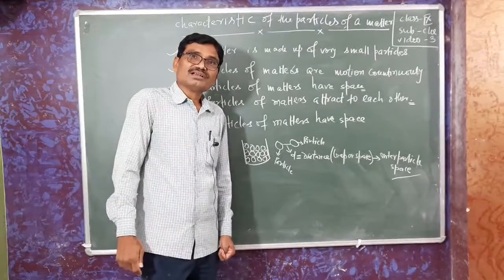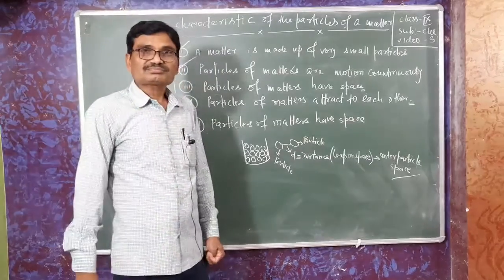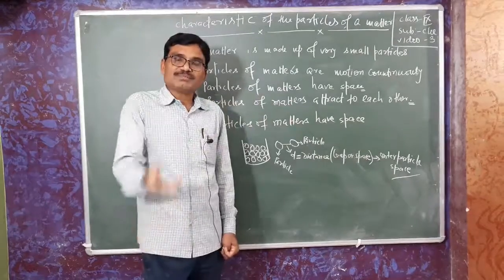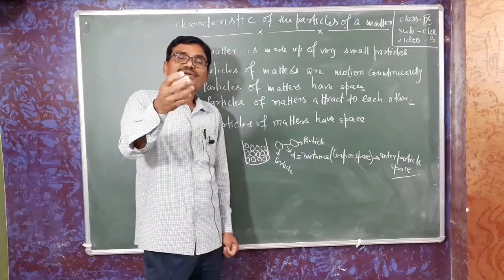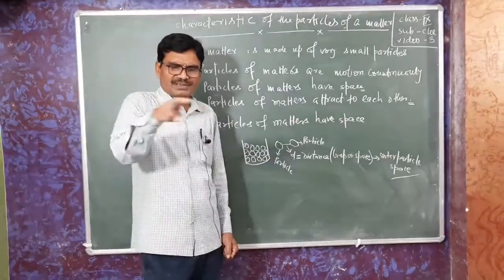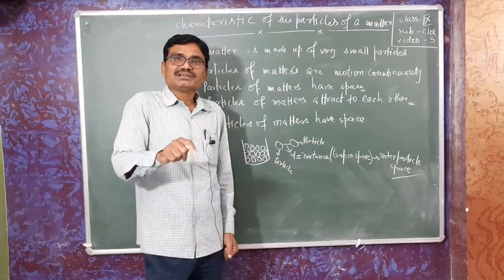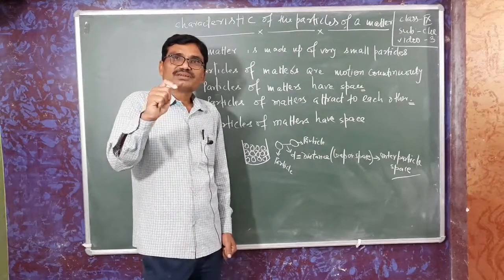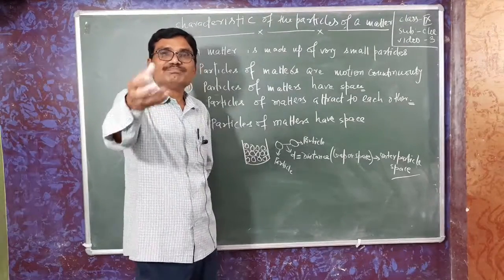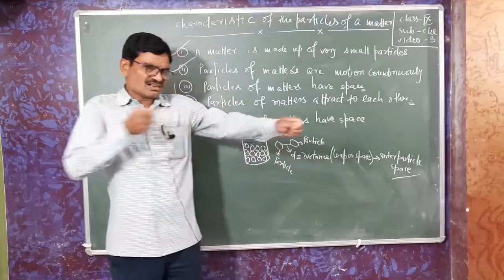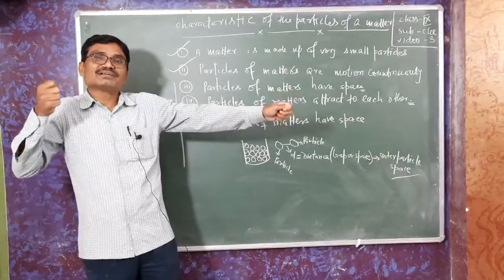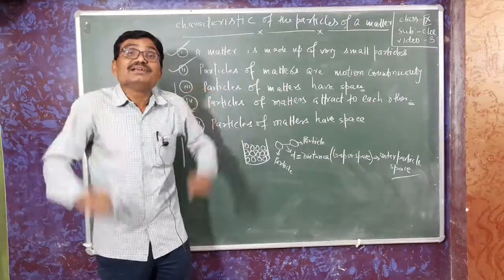Now we have to discuss that the particles of matter attract each other. Yes, we think of a piece of chalk, a piece of iron and also a piece of rubber. Three types of things. When we stretch the rubber, it is expanded.